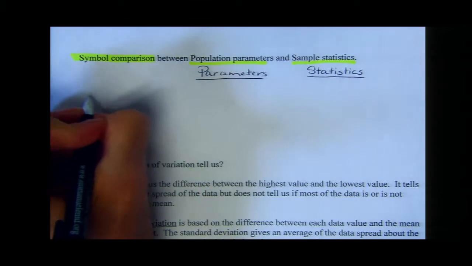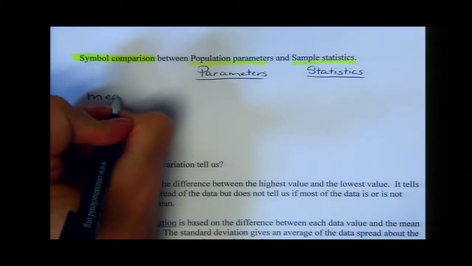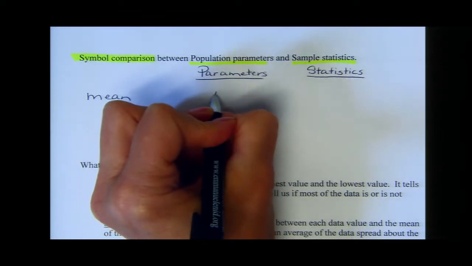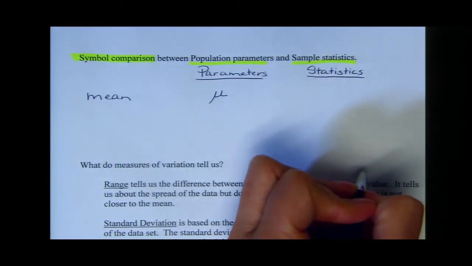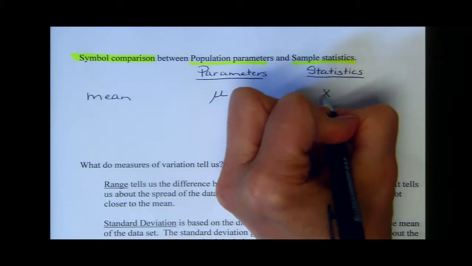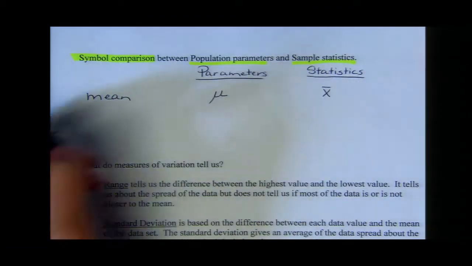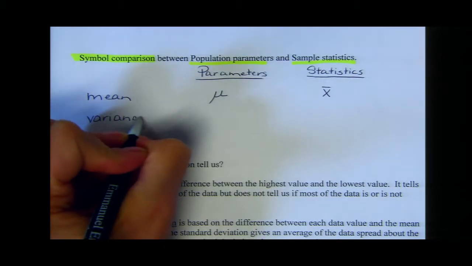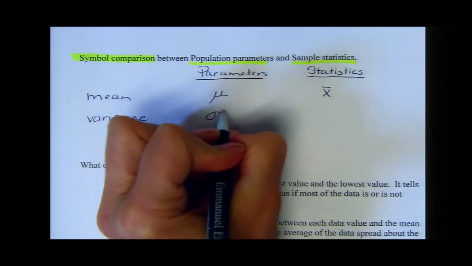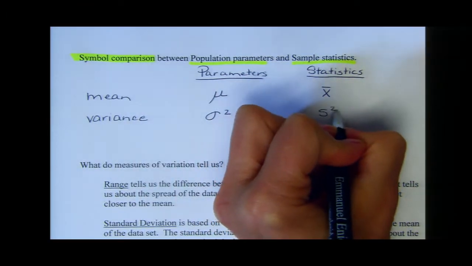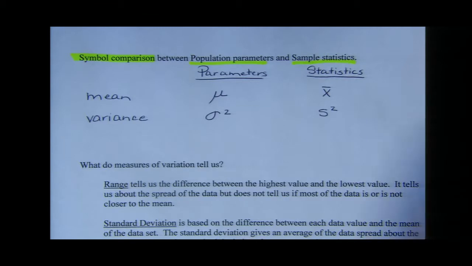We have calculated the mean, and the population parameter symbol is mu. The sample statistic is x bar. We have also calculated the variance, which is sigma squared as your population parameter, s squared as your sample statistic.